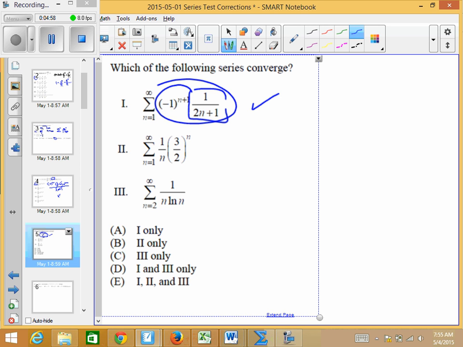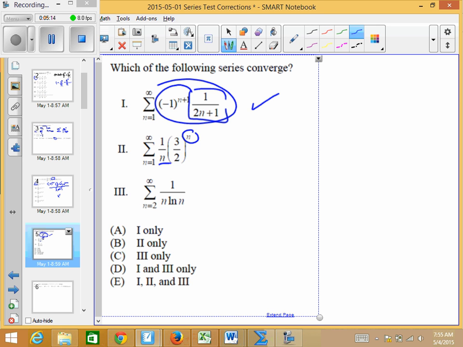These two are both a little harder. You see an n, so you might need to use the ratio test.